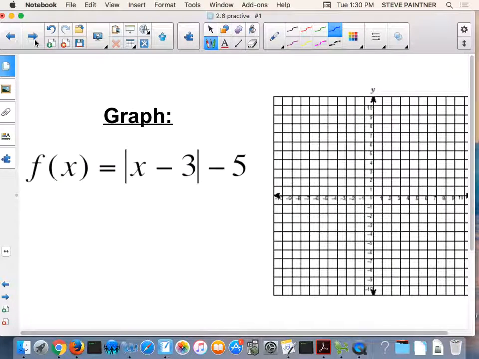Okay? Here we go. Graph it. See if you can do it without my help. You know, we did this yesterday on the calculator, so hopefully you kind of understand why that's happening. If you really want to know, make a table.